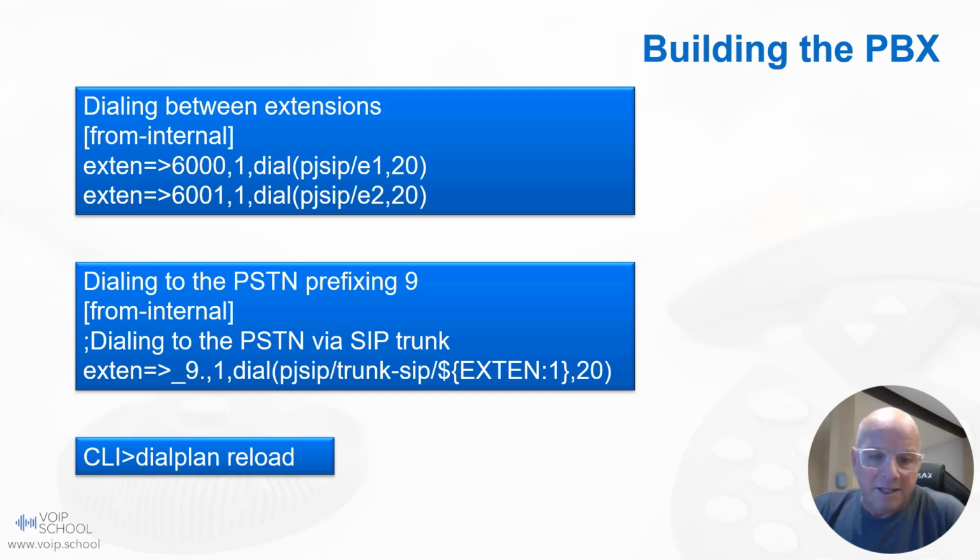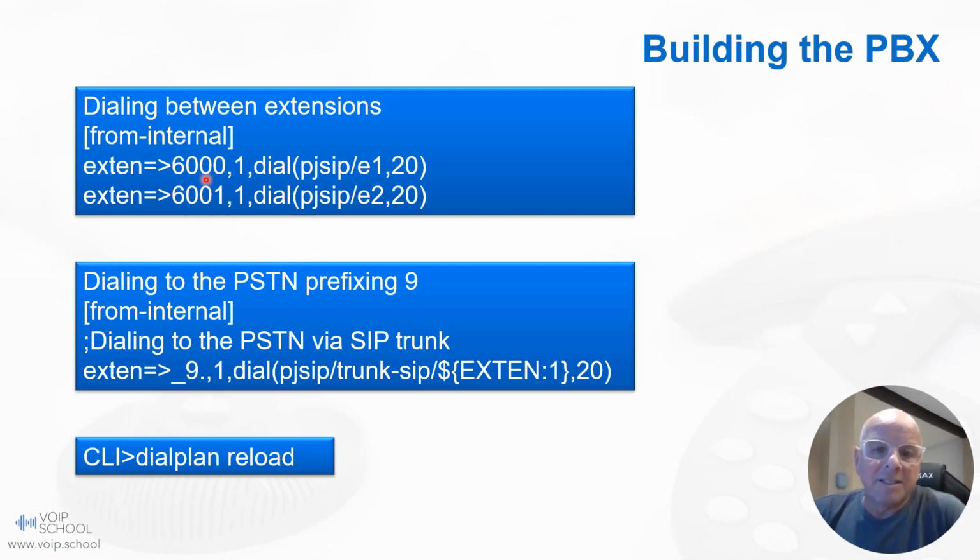So let's see here. Dialing between extensions in the context from-internal, we define the extension 6000 with priority 1 to dial the channel PJSIP and the endpoint defined as E1, as you're going to see in the lab. And 20 is the timeout.